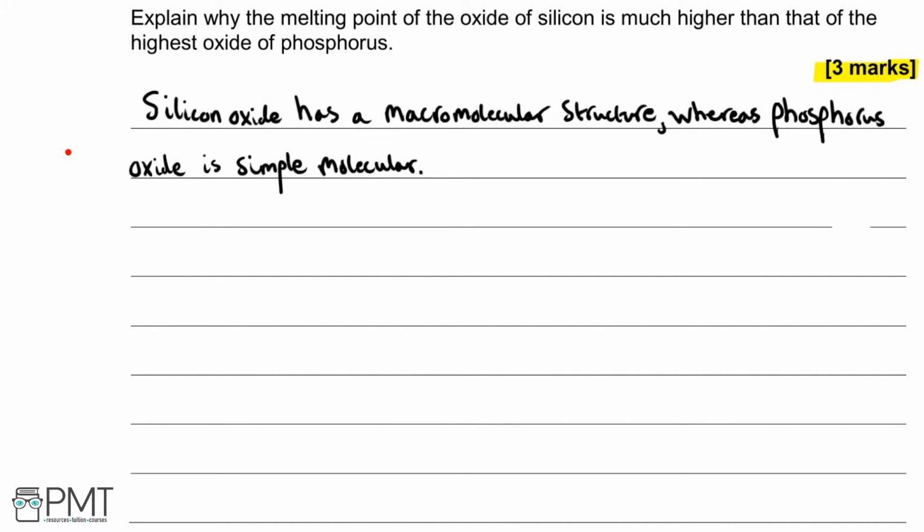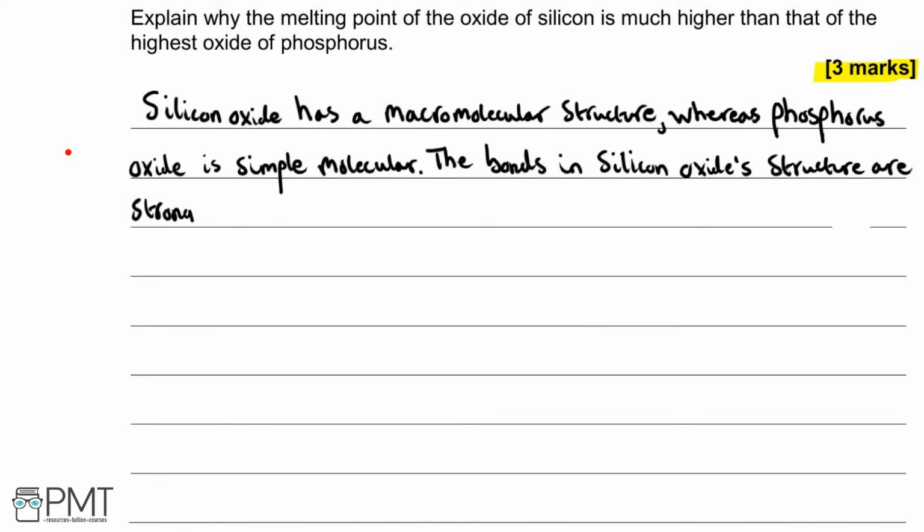And this has an effect on its melting point. The reason for this is that the bonds in the silicon oxide structure, which are the covalent bonds, extend right throughout the structure. The bonds in this structure are much stronger than the intermolecular forces that join the molecules of phosphorus oxide together.